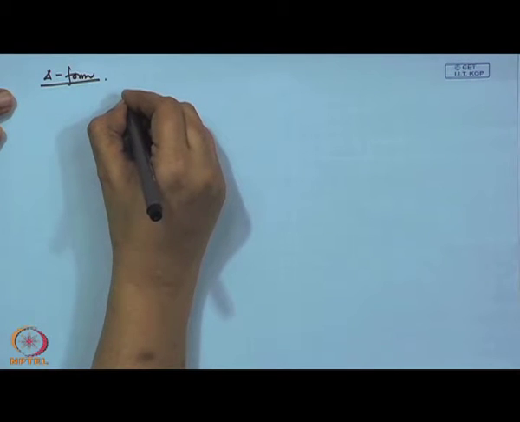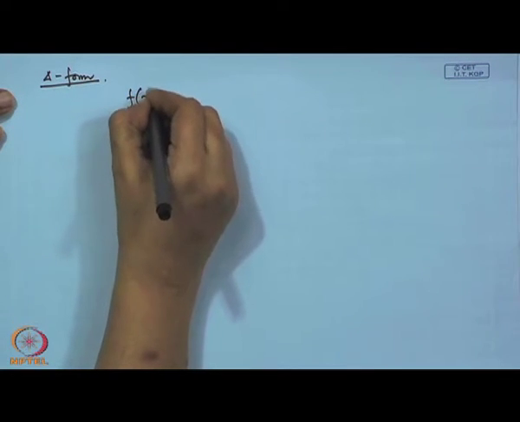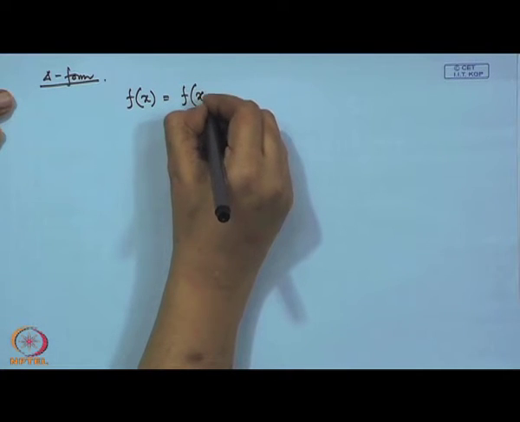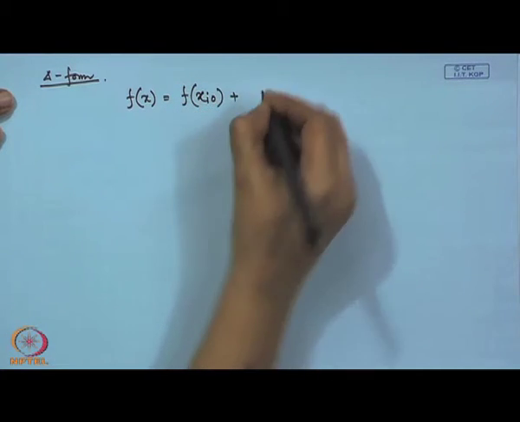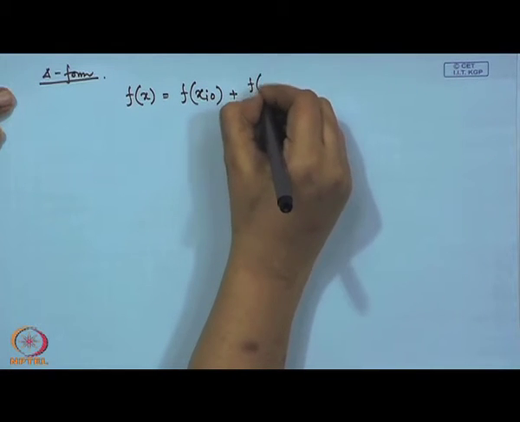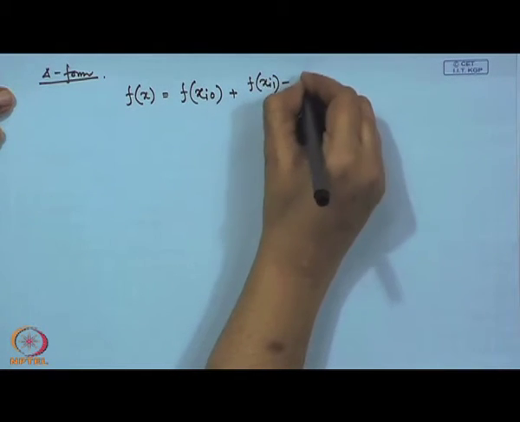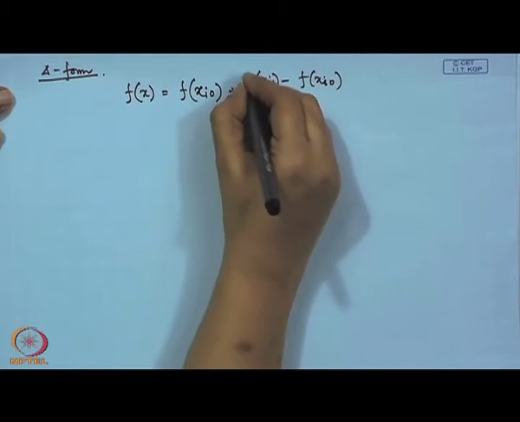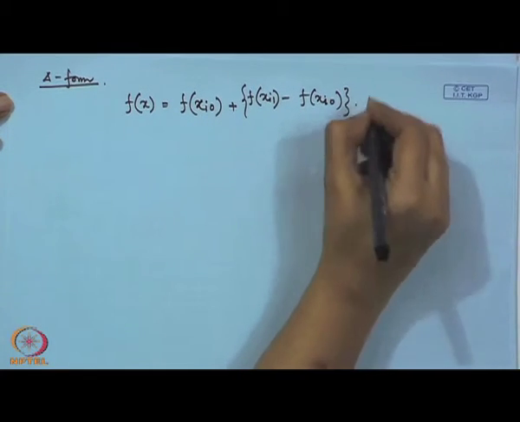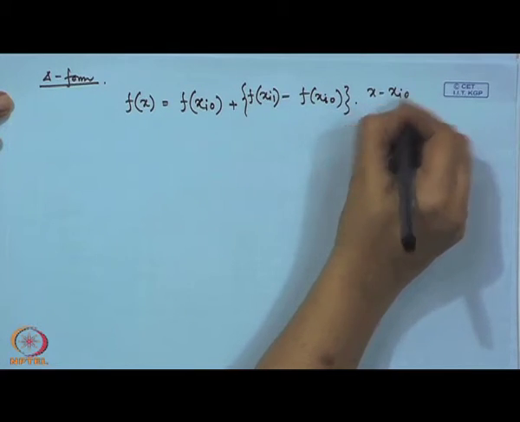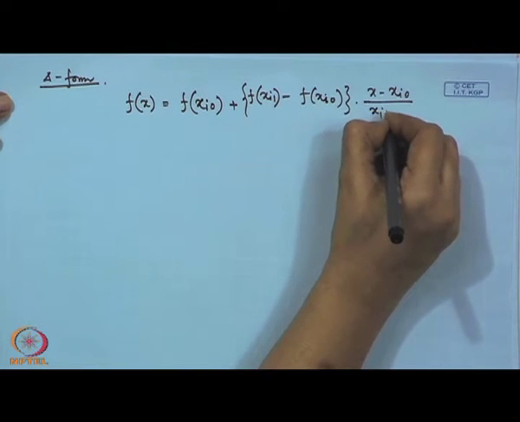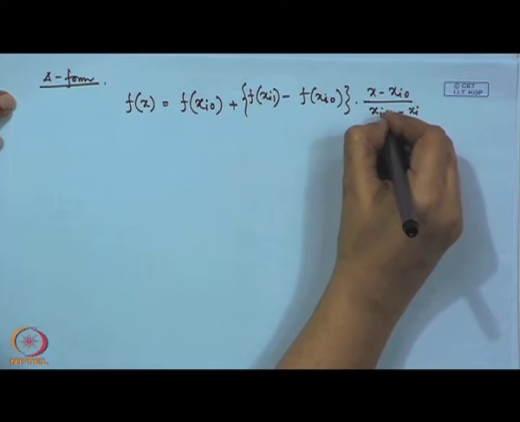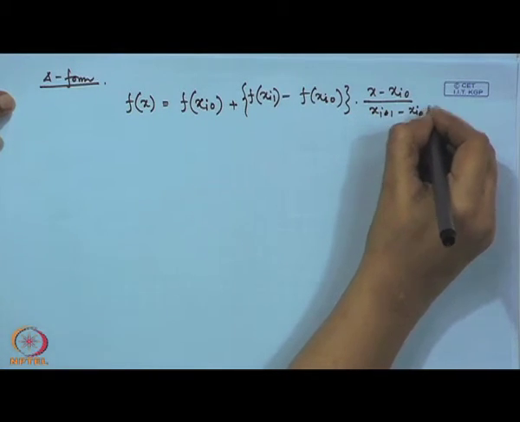As I have considered, f x as f of x i0 plus f of x i1 minus f of x i0, times x minus x i0 divided by x i1 minus x i0.